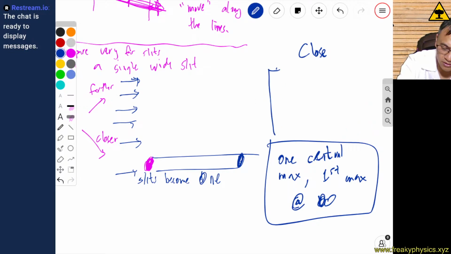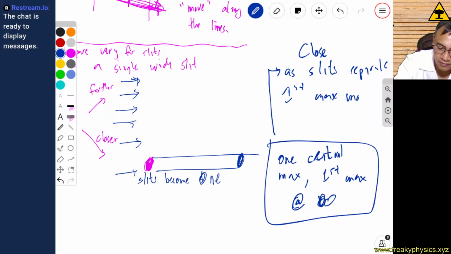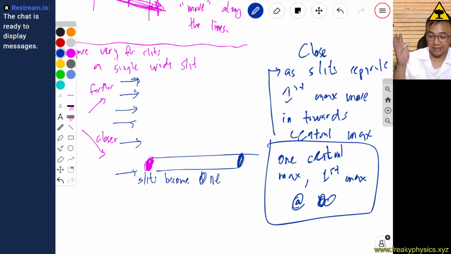So as slits separate, the first max moves in towards the central max. So that is again one way for you to remember what the effect is of putting the slits together.